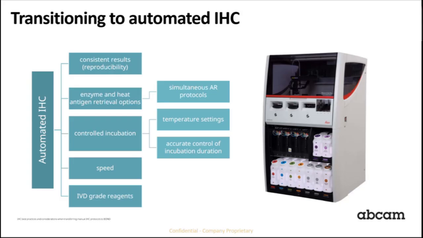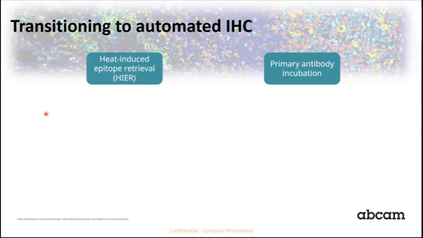Due to the accurate and precise control of temperature and incubation conditions, automated IHC makes standardization easy while minimizing human error. So there is greater consistency and reproducibility. It also provides flexible simultaneous antigen retrieval protocols, which further allow for quicker optimization and high throughput IHC staining.